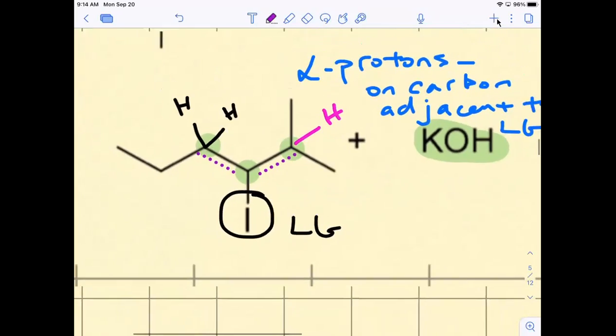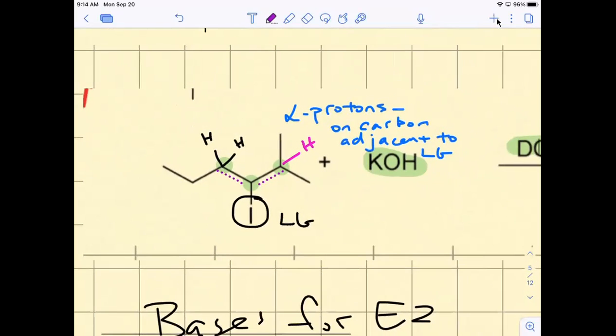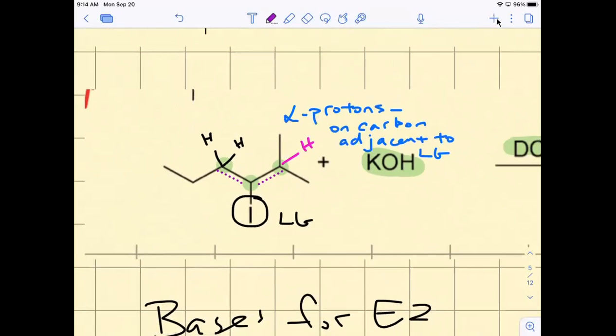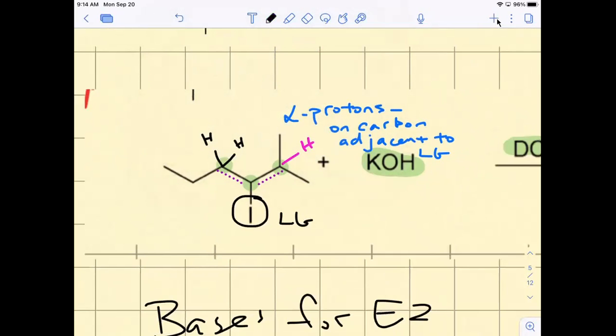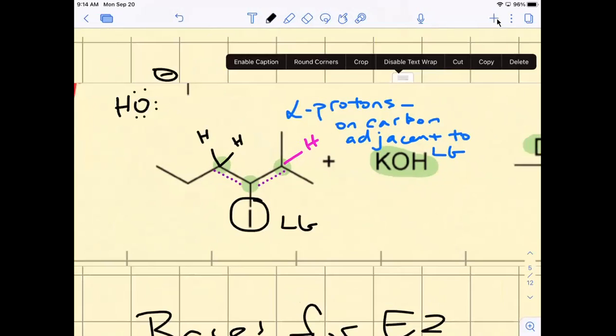So those 2 sites are where your elimination is going to take place. So the base is going to come in. We'll just go through the mechanism real quick, how this works. So this is my base, right?